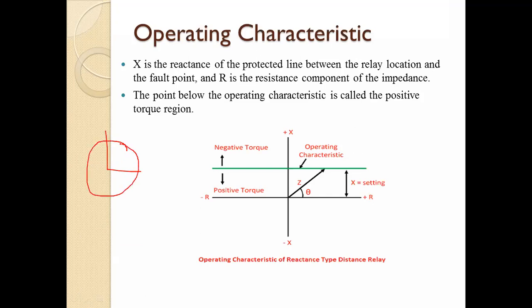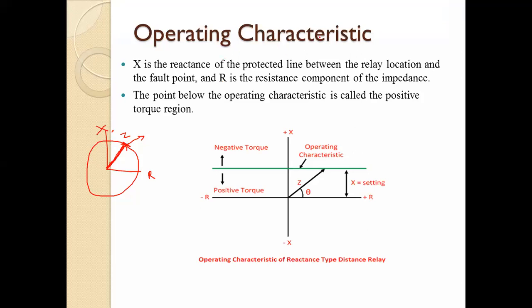Suppose this is your Z, and this is your R and this is your X. Below this only your relay is operating, and after this your relay is not operating. So this Z is your set point.